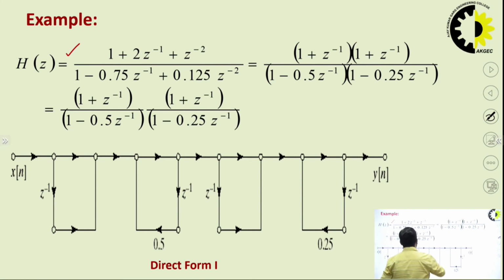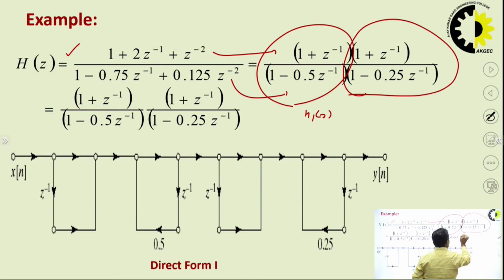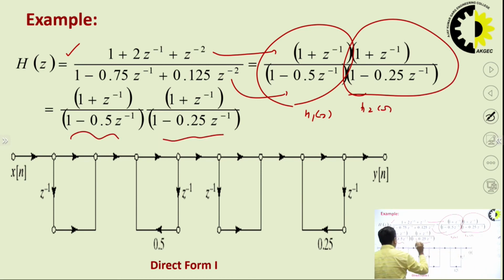If you factorize this term, it will be 1 plus Z minus 1, 1 plus Z minus 1, okay. So, 1 plus Z minus 1 whole square. Similarly, if you factor this term, it will be in this form. Now, we have to make the groups. So, this group is our H1Z and this group is our H2Z.